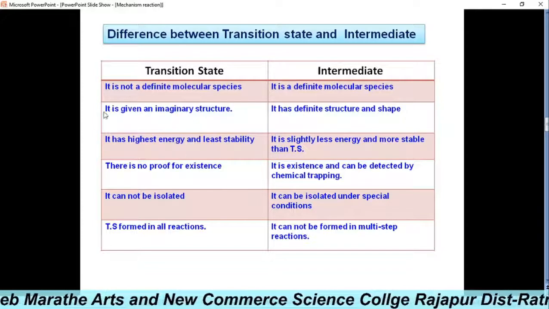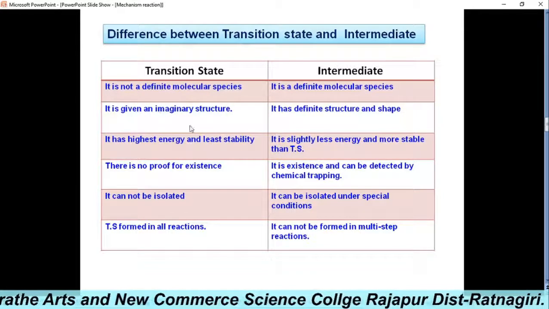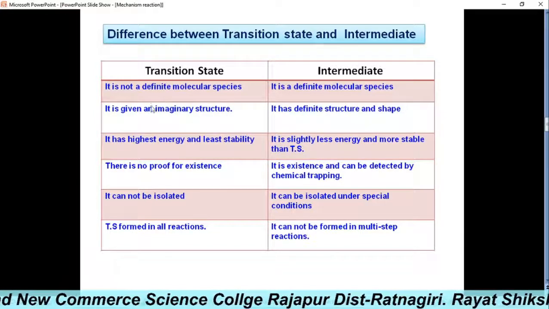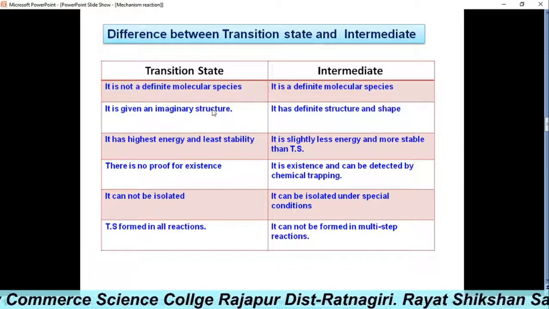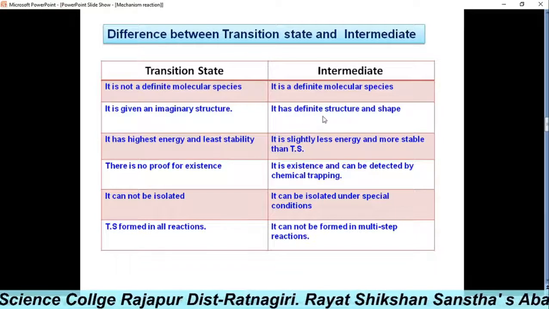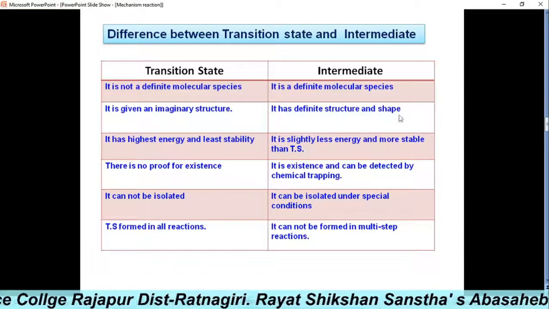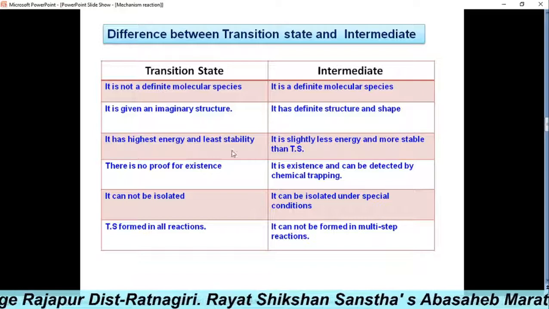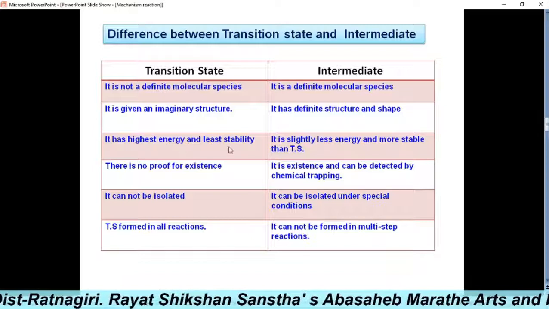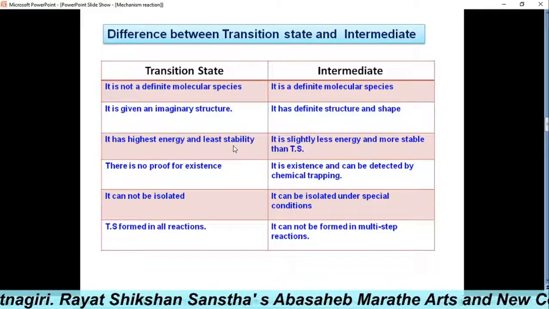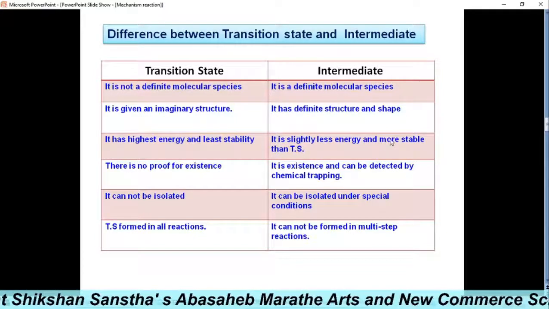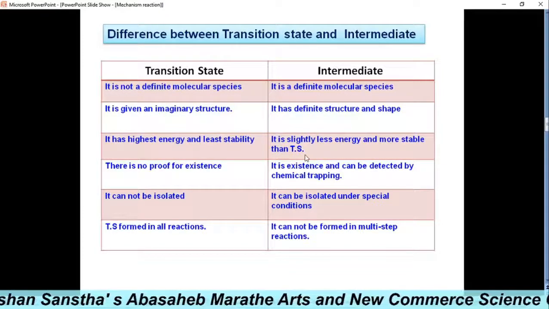Second point, the transition state is given an imaginary structure, meaning the correct geometry of the structure is not shown by the transition state, but the intermediate has a definite structure and shape. Third point, the transition state has the highest energy and least stability, but opposite to that, the intermediate has slightly less energy and is more stable than the transition state.